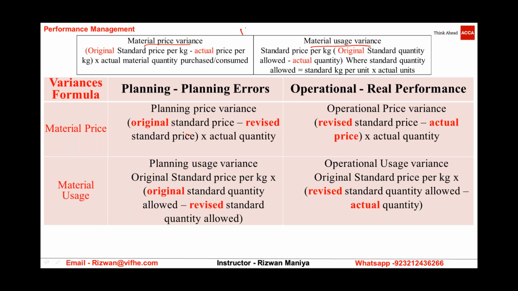This is the formula that you have covered in management accounting paper F2, which is the original standard price minus actual price gives you the price variance. Price variance is the difference between actual and standard price. Usage is the original standard quantity allowed minus actual quantity. This is the difference between the standard quantity that you should have used and the actual quantity.